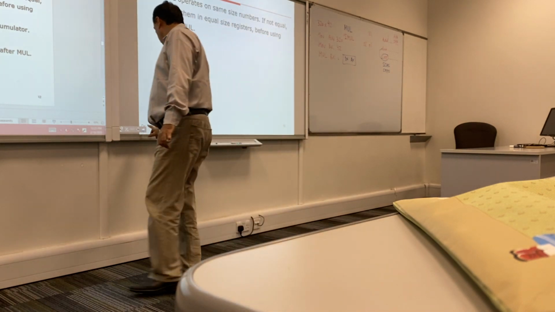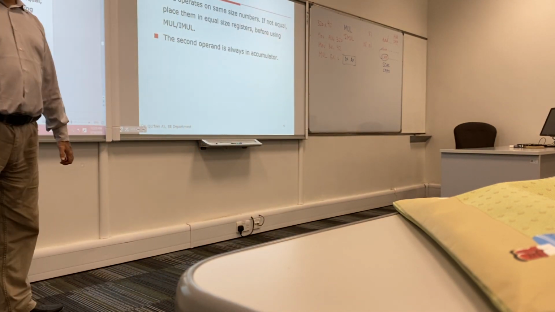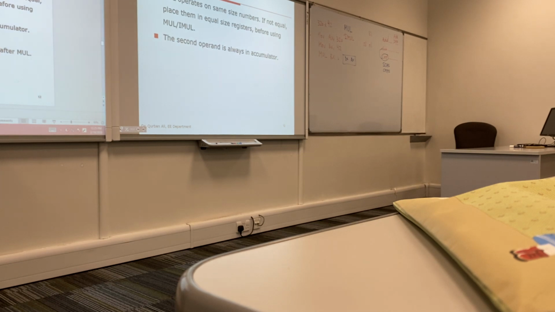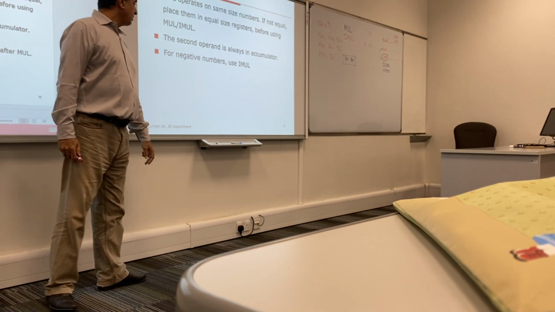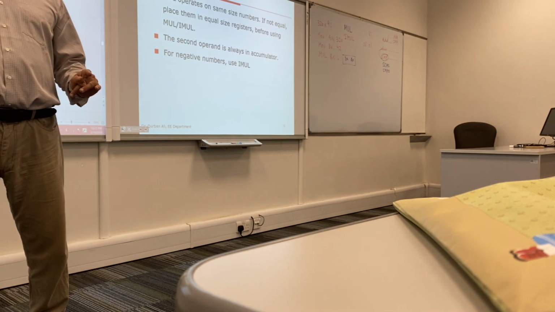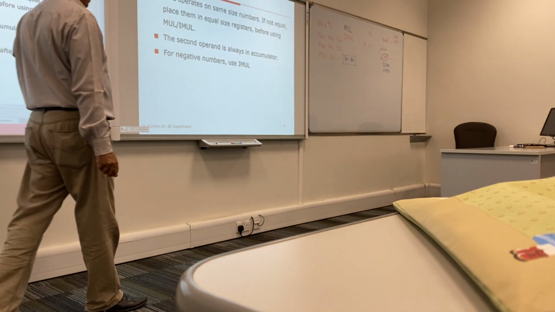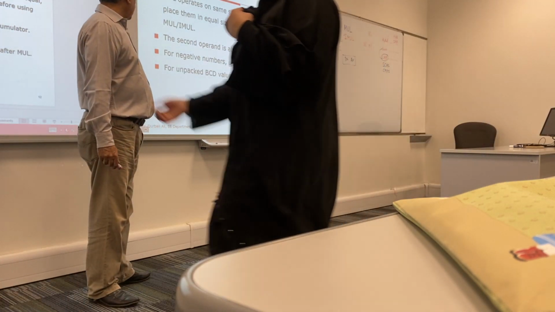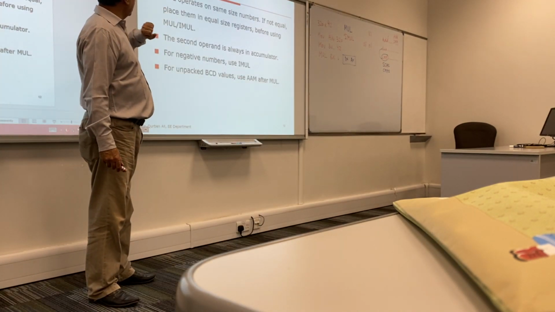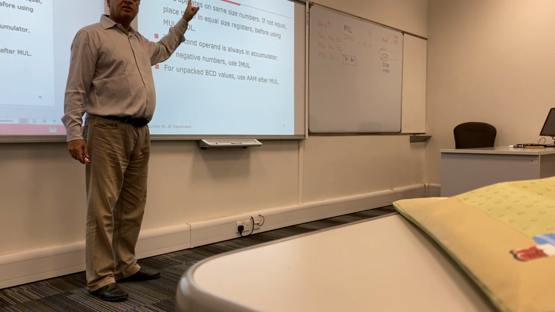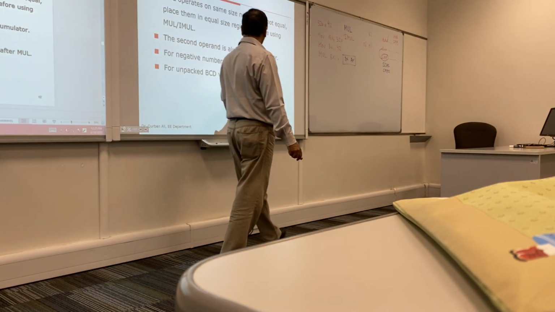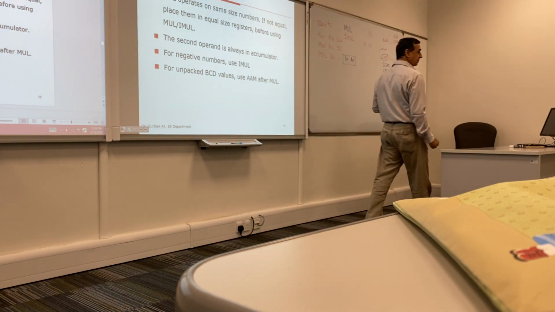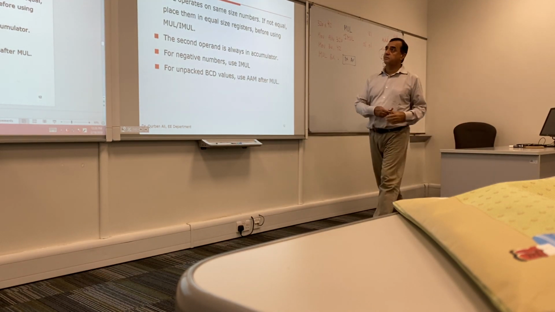Number 2, the second operand is always in the accumulator. That means place one of the values in the accumulator. Number 3, for negative numbers use IMUL, for positive MUL. And the other one, which is not written here, the answer is always the double size. Fourth one, for unpacked BCDs use AAM after MUL or IMUL.